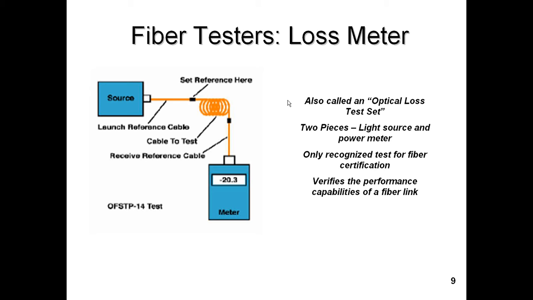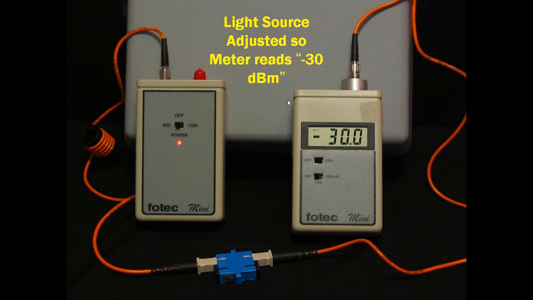Now, if we want a quantitative analysis to test how good a fiber is, then we need to use what's called an OLTS, or an optical loss test set. It consists of two components, a light source and a meter. And what you're going to have is a light source, and we'll see it on the next slide, on the left-hand side, and you see mine here, as illustrated, can be set to 850 or 1300. It's currently set at 850.